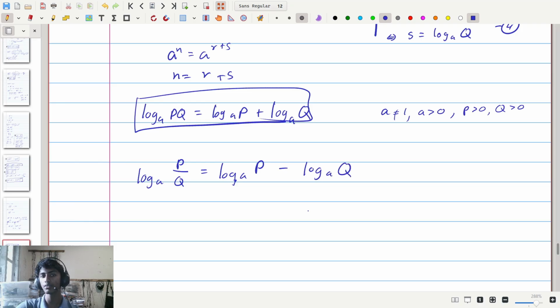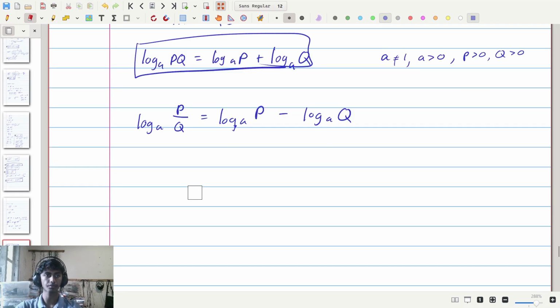This is also valid, and this is also stemming from a similar idea. We can actually directly get to this using the fact that dividing by q is the same as multiplying by 1 over q, and 1 over q is equal to q to the negative 1. So then you can kind of see it already, but we'll go through it and simplify and show you that it's true. Let's just do that real quick.